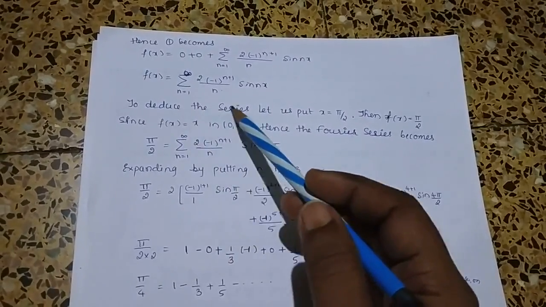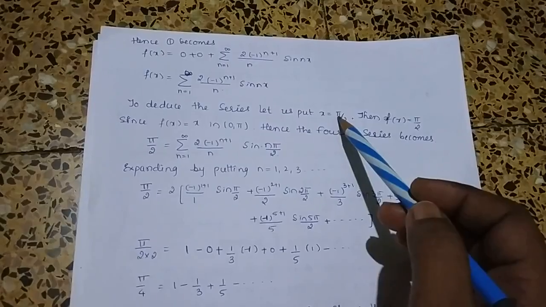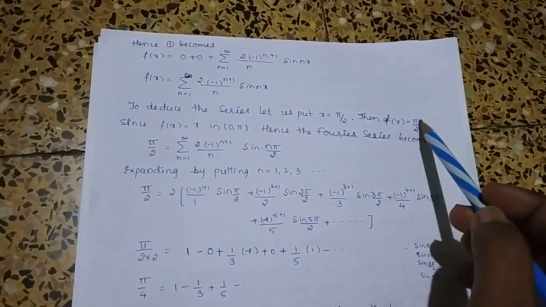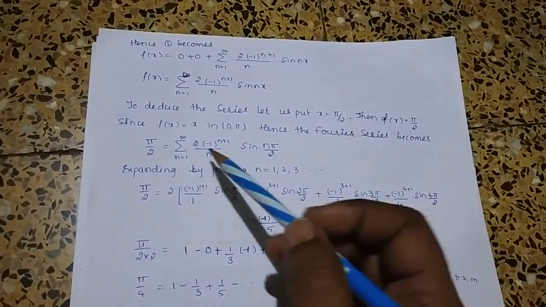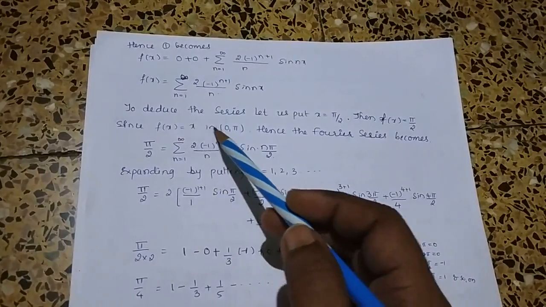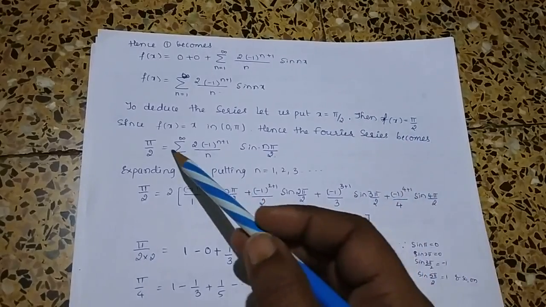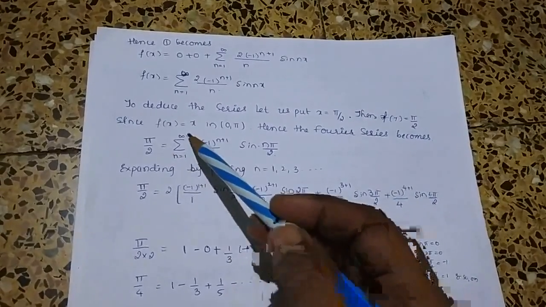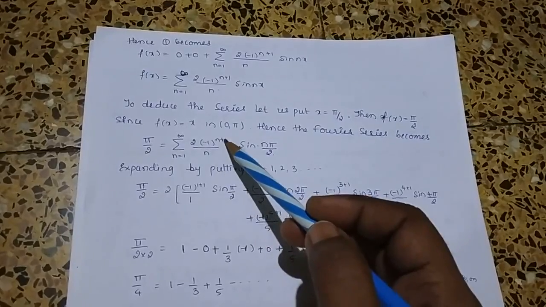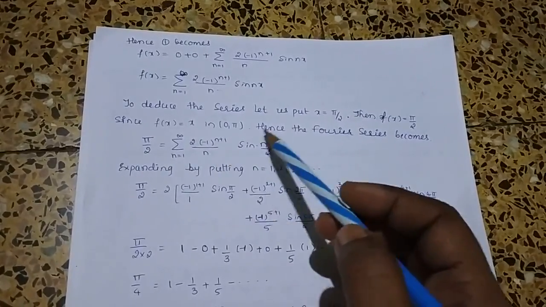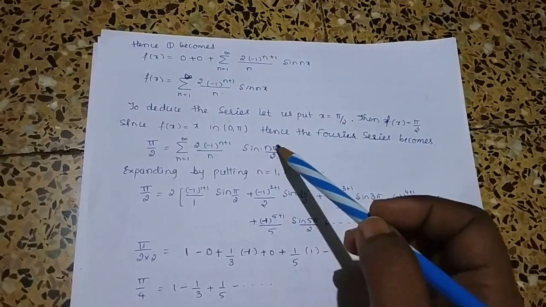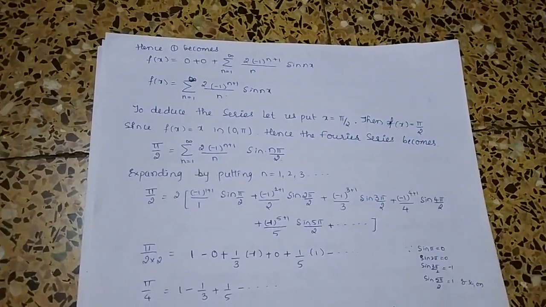To deduce the series, let us put x equals pi by 2, then f of x equals pi by 2. Since f of x equals x in 0 to pi, the Fourier series becomes pi by 2 equals summation 1 to infinity 2 into minus 1 raised to n plus 1 upon n sin n into pi by 2.